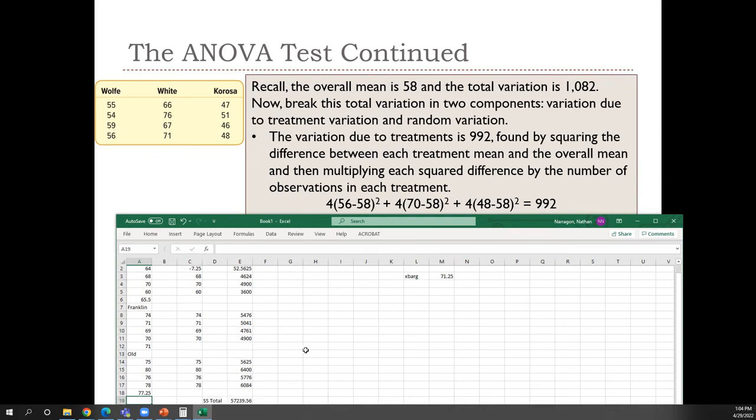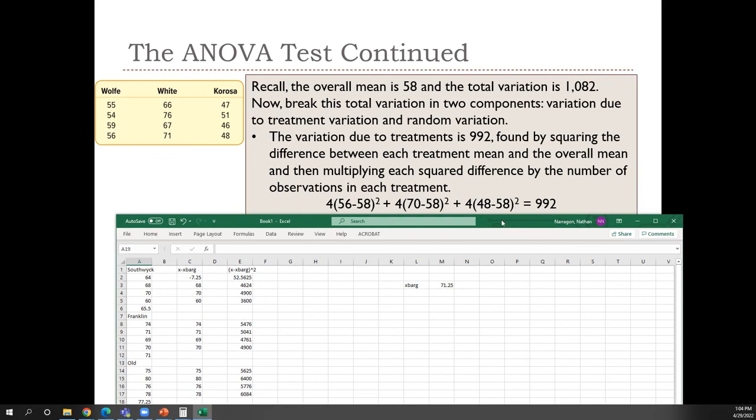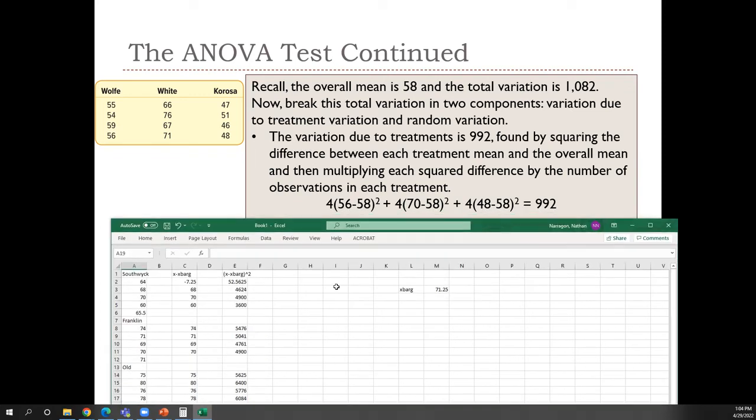So we have 77.25. Now, sum of treatments. Basically, it's going to take the difference between each of these means, and it's going to multiply by the number of observations.